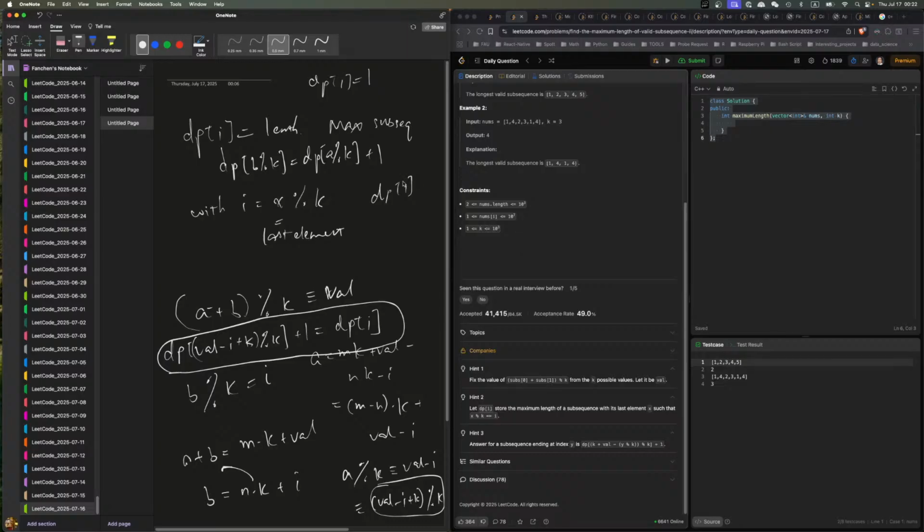So you say, okay, I need to go through val, as val is the thing. So val can be 0, 1, or 2. So I say if val is 0, right? Val is 0. Then 0 minus 1 plus 3 mod 3. That's going to be 2, right? That's going to be 2.